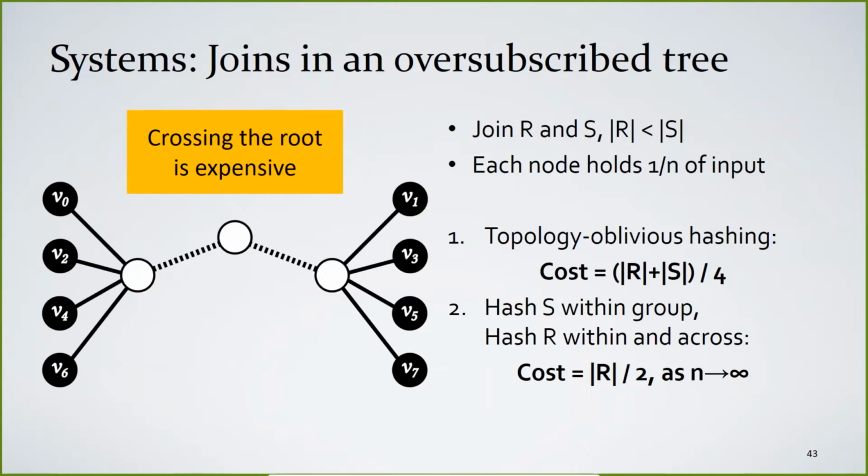Continuing, remember this oversubscribed tree topology, where there was a slower link connecting two parts of the system. Here I'm assuming a join between R and S, and I'm assuming R is smaller than S. Each node, stacked on the left and the right, has an equal fraction of the input.